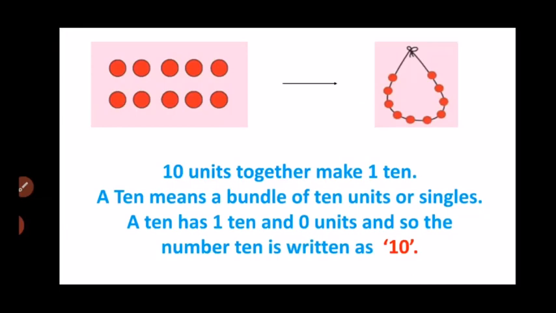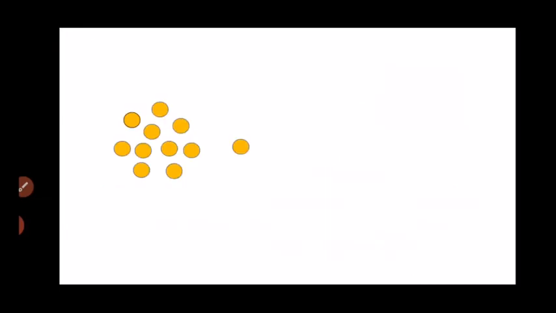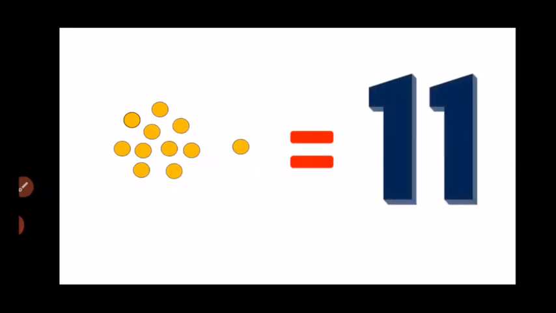Now children, can you tell me what number this is? Yes, it's 11. So 11 is also a two-digit number. So we can say it as 1 ten and 1 unit.